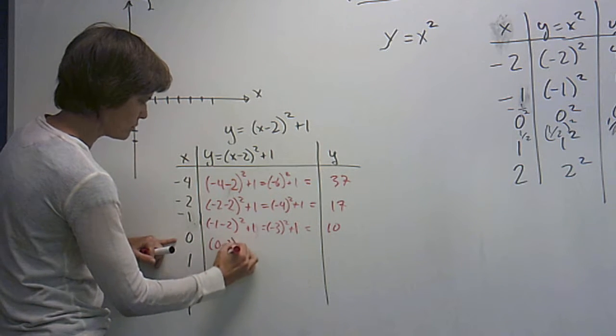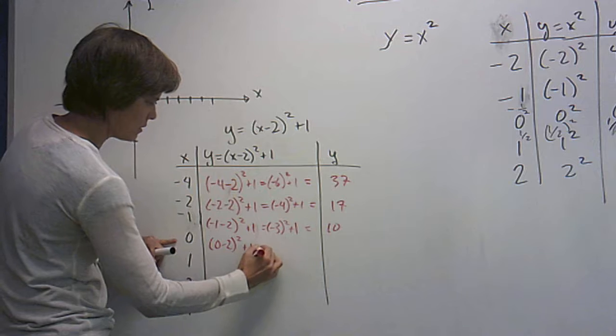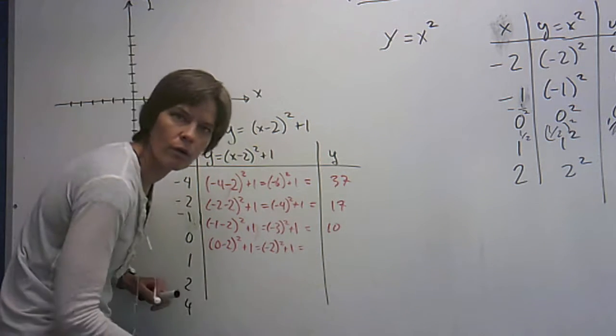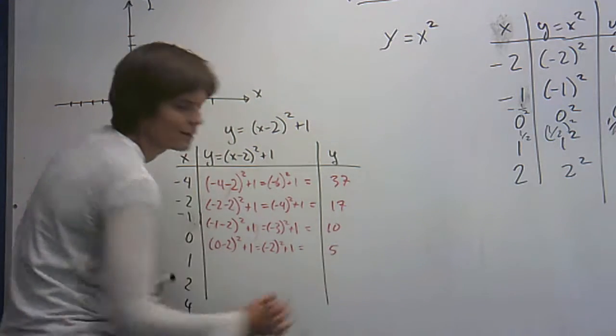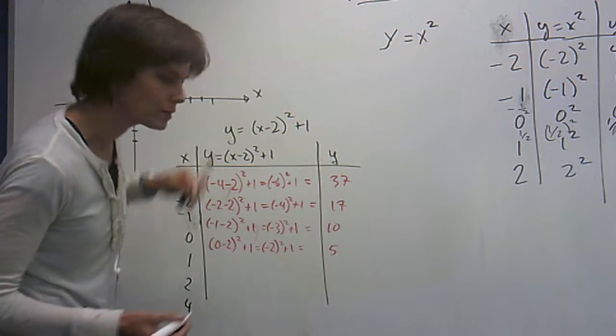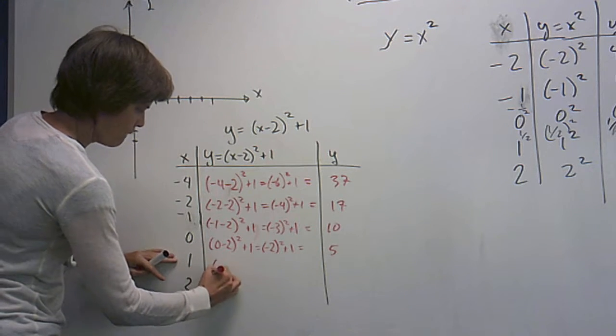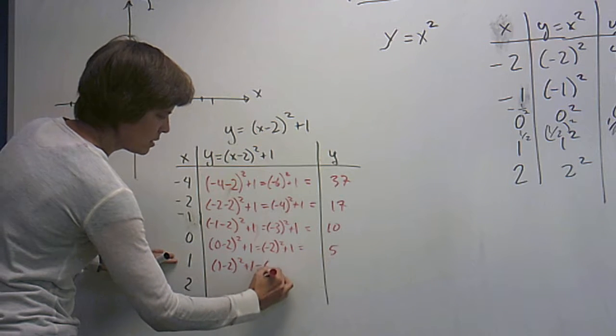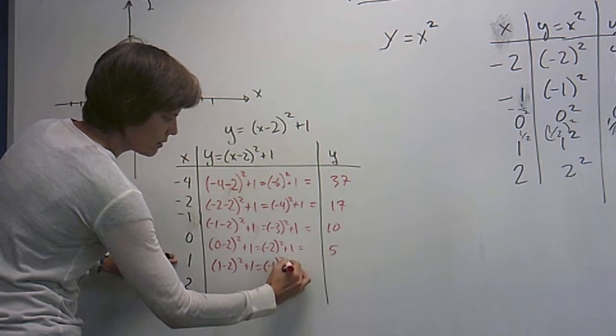0 minus 2 squared plus 1 equals -2 squared plus 1, which is 4, plus 1 is 5. Now we're in the range I might want to plot with what I have, what I wrote for myself. 1 minus 2 squared plus 1 equals -1 squared.